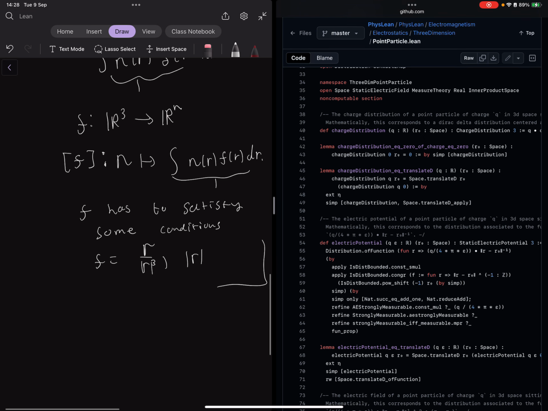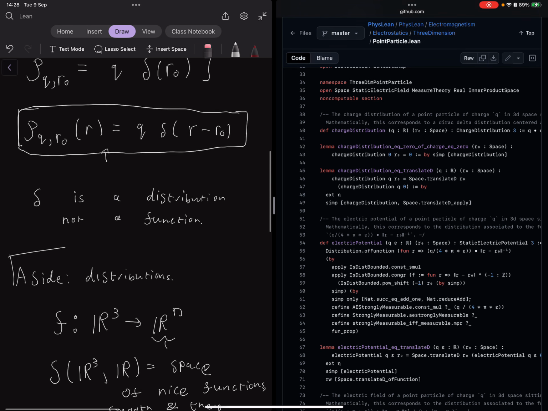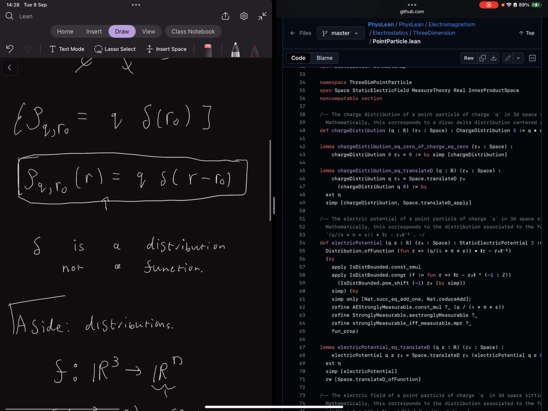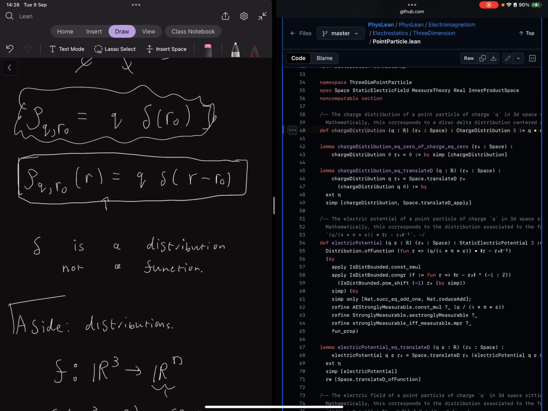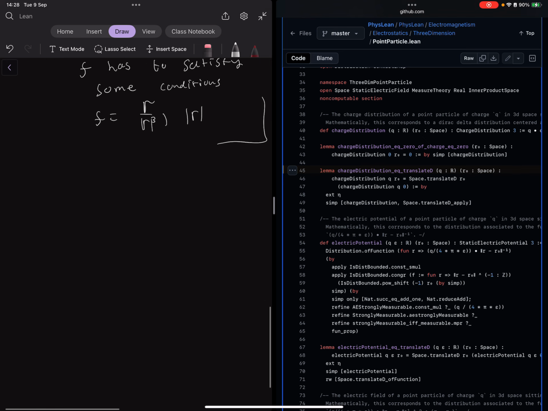So, right, we've written down this distribution, and our distribution is this thing here. Do a little bubble around it. And this was in this line 40. So we then have a couple of lemmas within PhysLean, and these are simple lemmas. They're basically saying, let's say we take the distribution, and we take it when the charge is 0, that distribution is just going to be 0. And this is what this lemma here says.